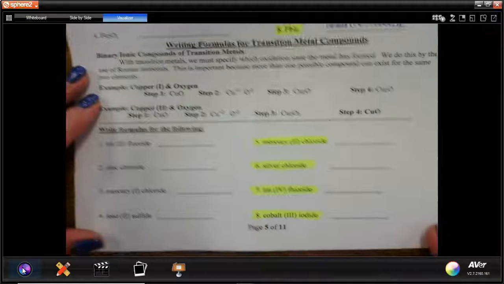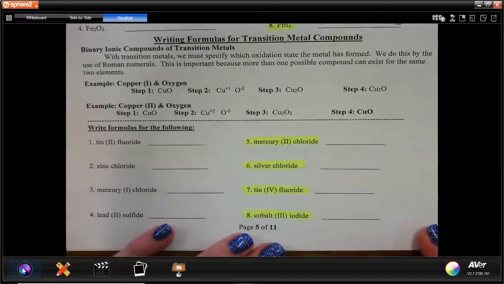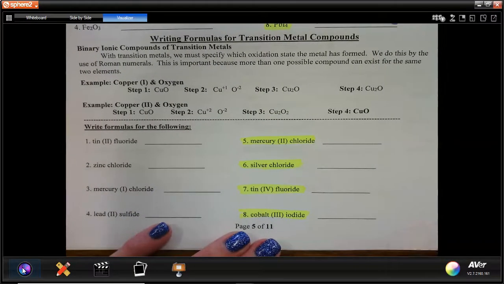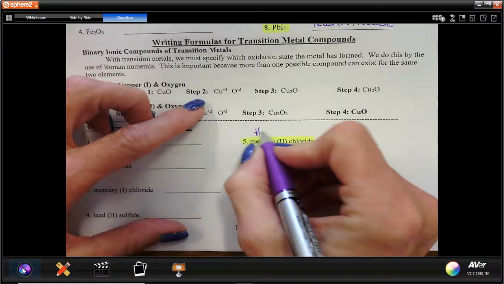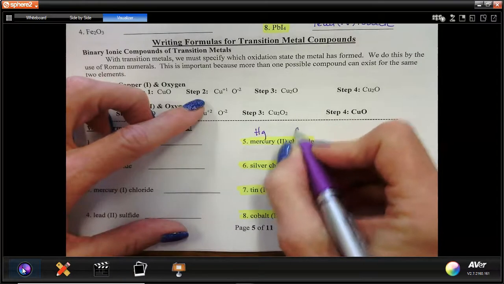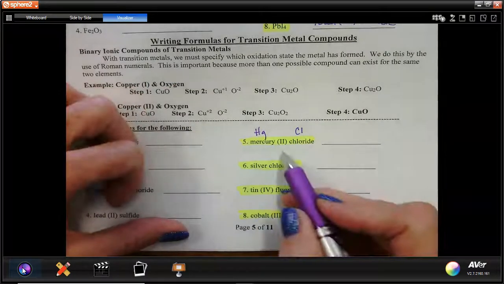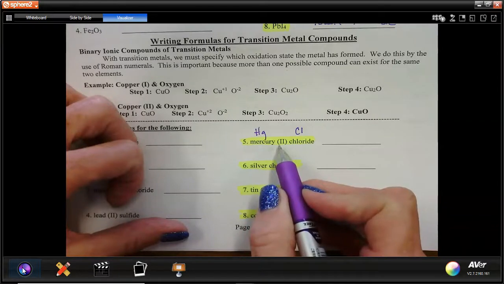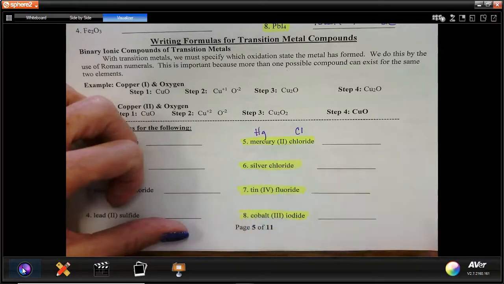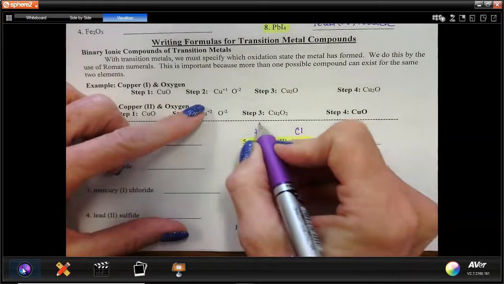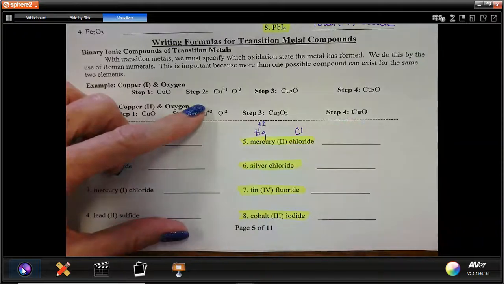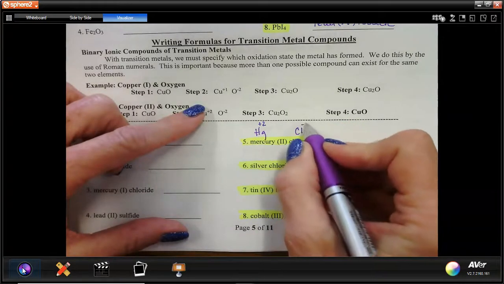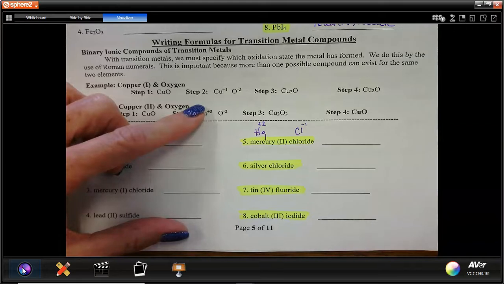Okay, so let's do some formula writing. We're going to take the names and make them into formulas. Mercury is going to be Hg, and chlorine is Cl. We need to find the oxidation numbers. The easiest way to find the oxidation number for these transition metals is to look at the Roman numeral. That 2 means that mercury has a +2 oxidation number. Chlorine is in group 7, and for lack of another rule, we say it's -1.